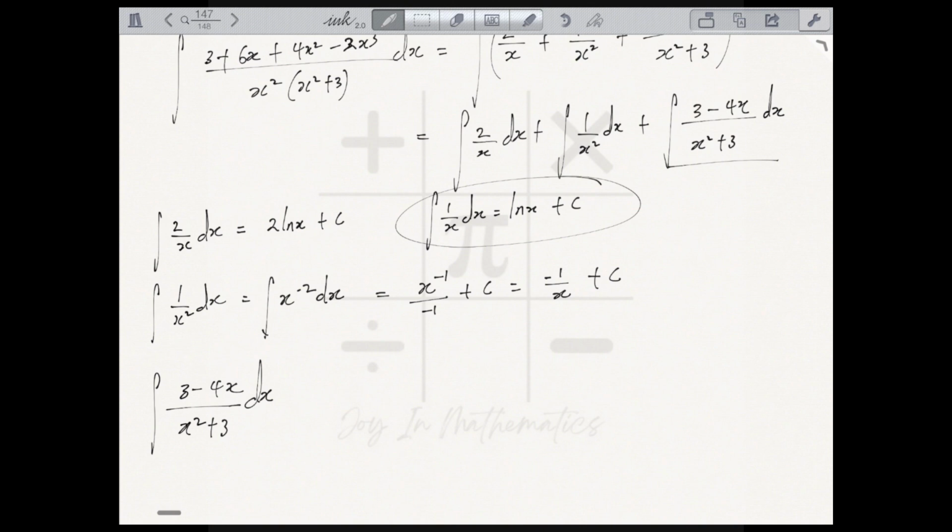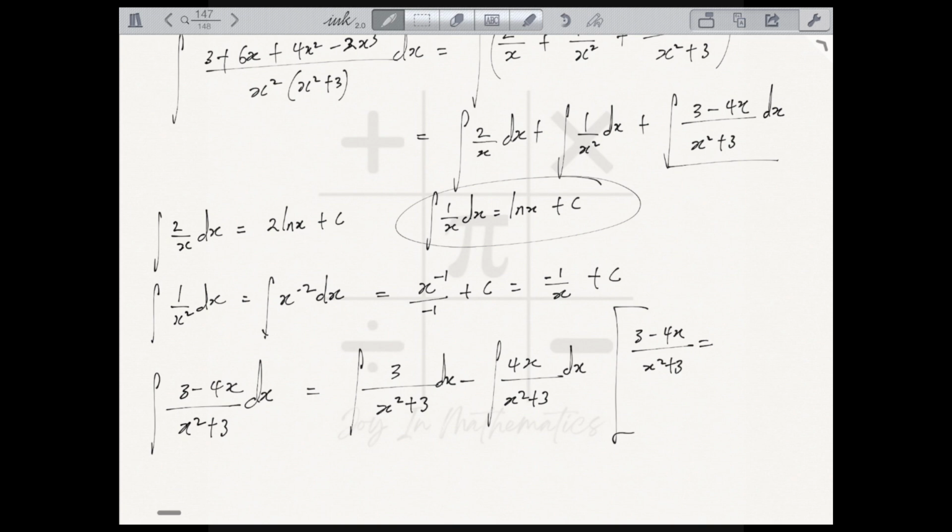Now this can be further simplified to give the integral of 3/(x² + 3) minus the integral of 4x/(x² + 3), because (3 − 4x)/(x² + 3) is equal to 3/(x² + 3) − 4x/(x² + 3).